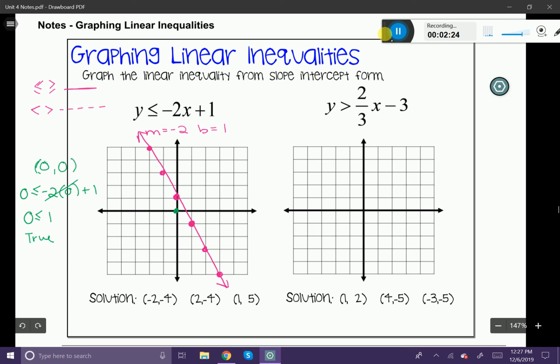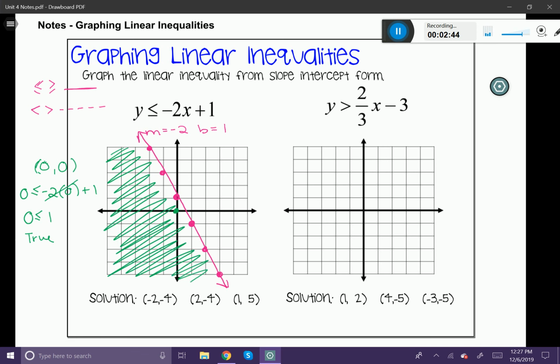If the test point turns out to be a true statement, that means I'm going to shade all of the points that lie on the same side of the line as the test point. So I'm just going to go ahead and shade in that whole area. What that means is everything to the left of this line, including the line, is a solution to this inequality.